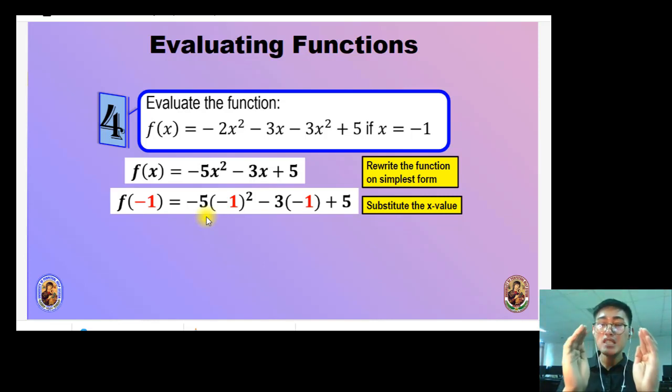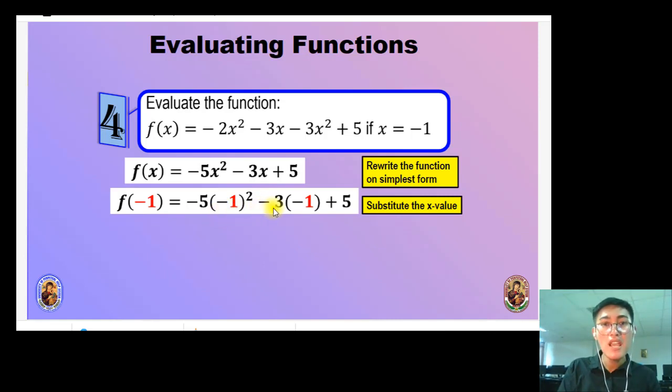Take a look inside the parentheses if we have terms to be simplified there. We have here negative 1. Negative 1 is simple already, so we will not do anything about this. Then after the letter P, parentheses, we have the letter E, which is exponent. That is negative 1 raised to 2. After that, you multiply the product by negative 5. Do not forget that. Exponent first before multiplying the numerical coefficient.